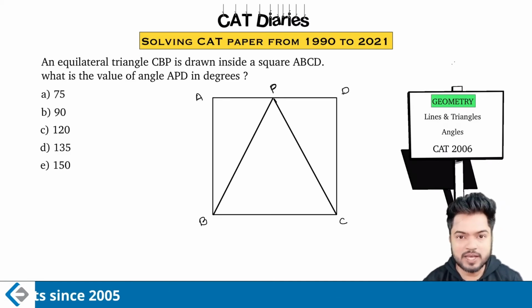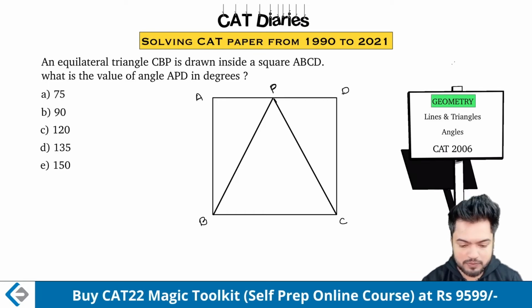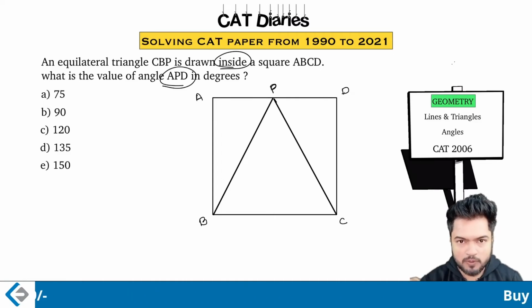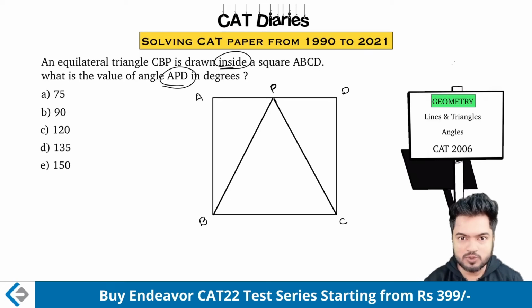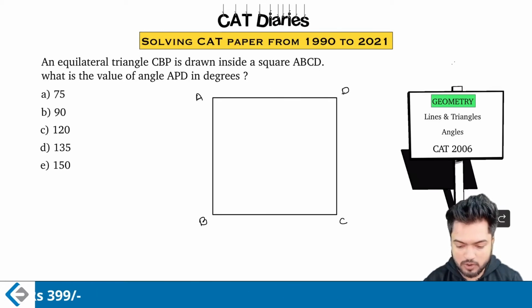That's not what they are asking, which means the equilateral triangle is inside. This is also inside, but that's not what the problem is asking. You have to take it a little below. Then only triangle APD will be formed. So understand it in that way. Don't draw a wrong diagram in this case.